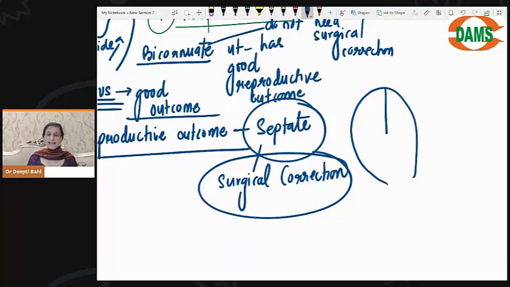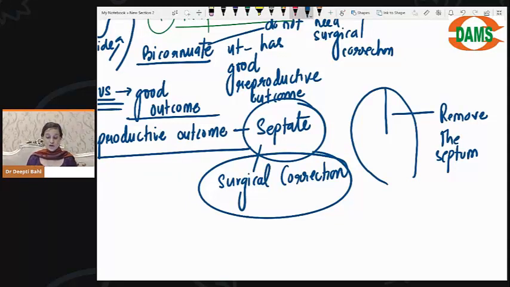Can you tell me, in your own language, what surgical correction would you want to do? So the answer is, in simple language, remove the septum. It is this septum which is creating the problem.